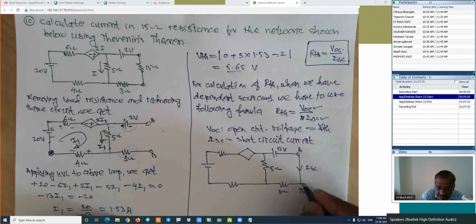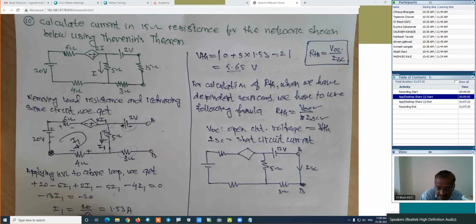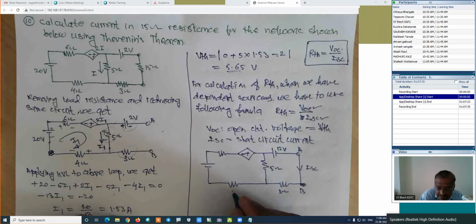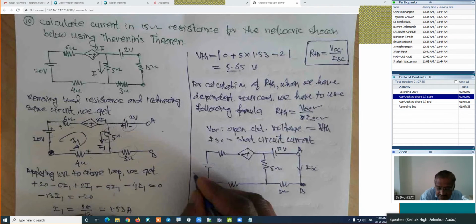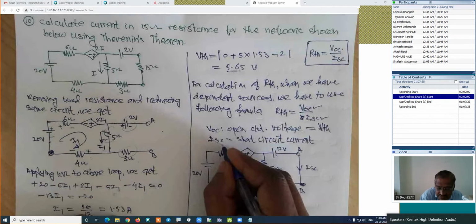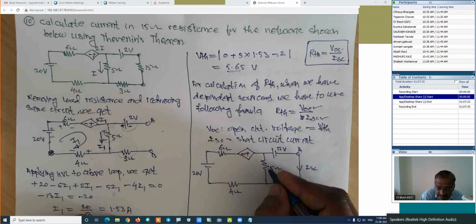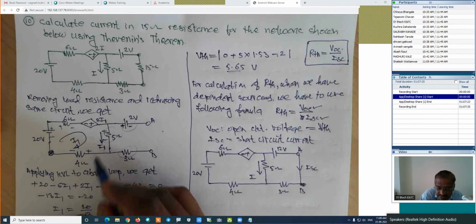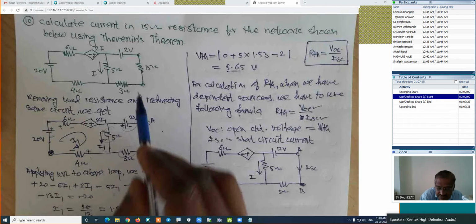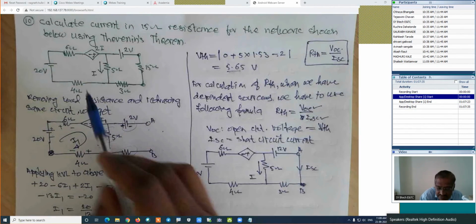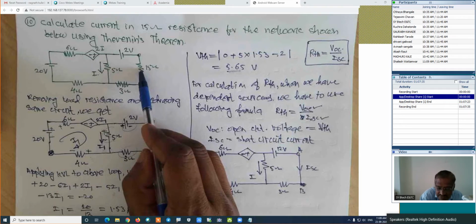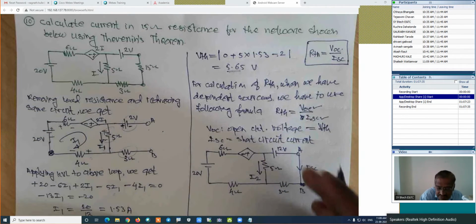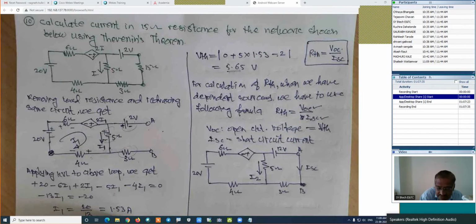This is minus, this is plus. This is 4 ohm. This is 20 volt. And this value is 6 ohm. Now, this current is the I1 of the previous case, when it is open circuit. I will call it I2 when it is short circuit, because this circuit is different.